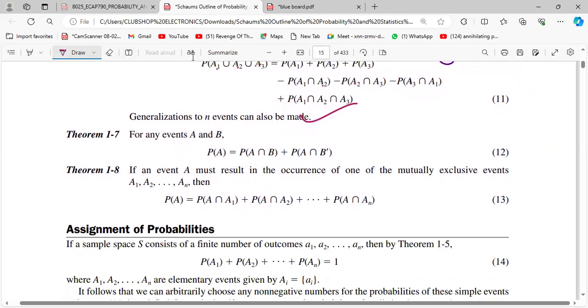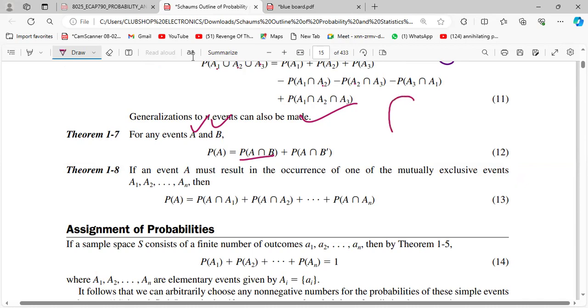Theorem 7. For events A and B, the probability of A is the same as the probability of A intersection B plus the probability of A intersection B complement.